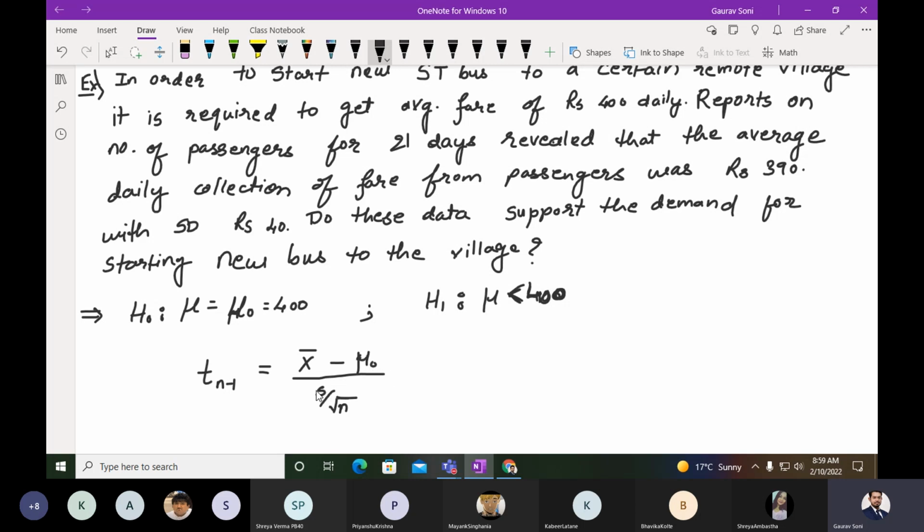What is s? We wrote down the formula where s square is equal to summation of xi minus x bar square divided by n minus 1.